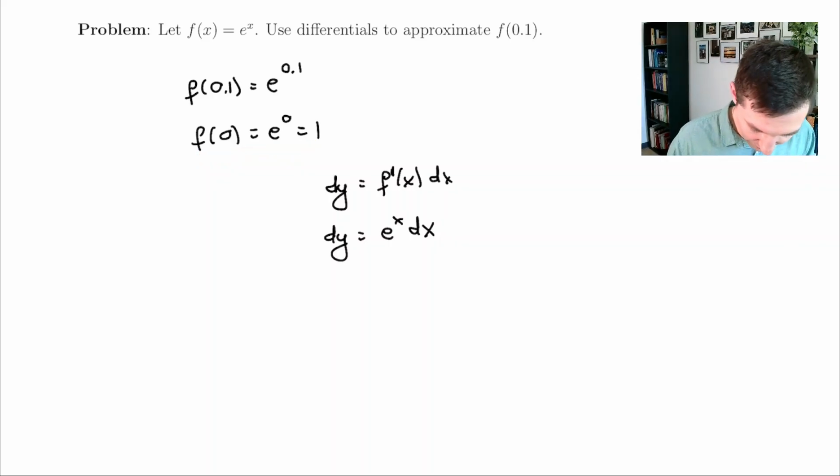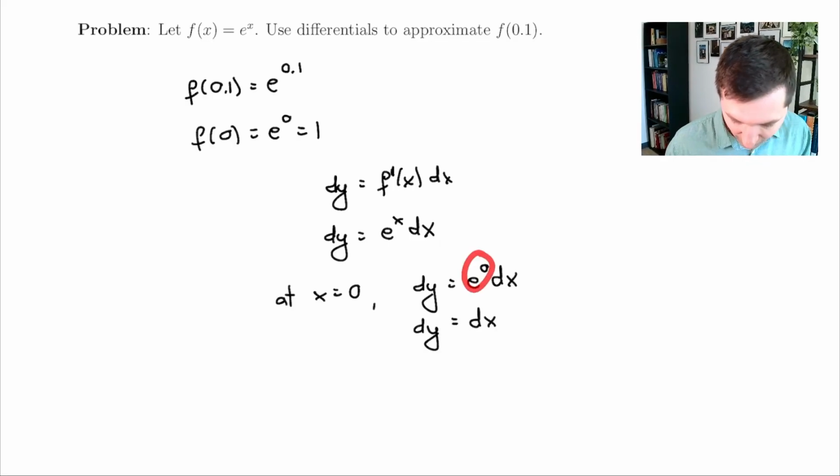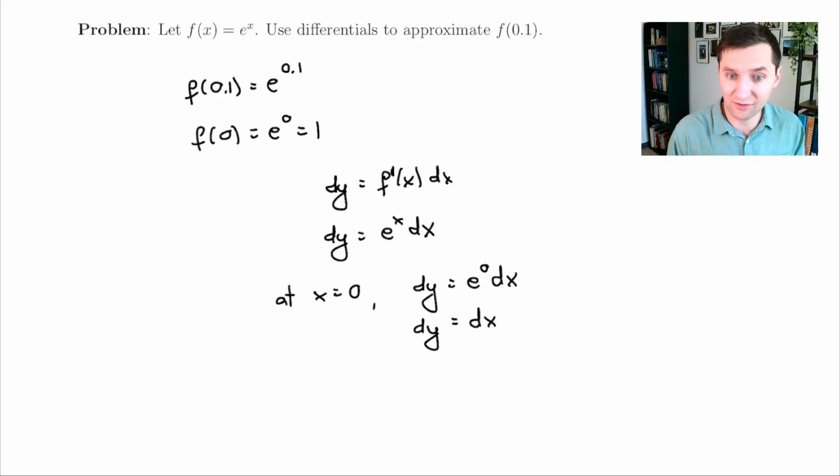I compute now the differential at x equal to 0, and I get dy equals e to the 0th power dx, which is the same thing as saying that dy is simply dx, because e to the 0th power is 1. This tells you that as x changes by a small value, y will change by the same value.